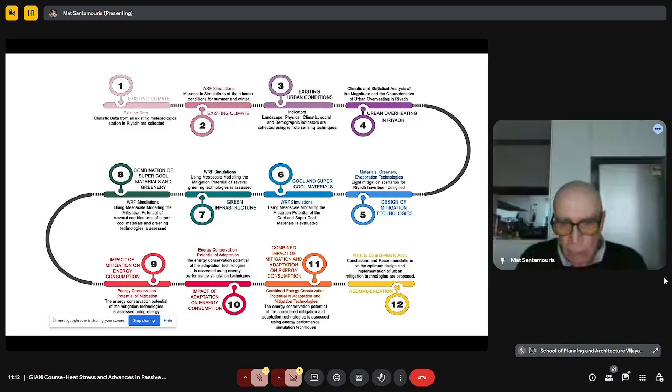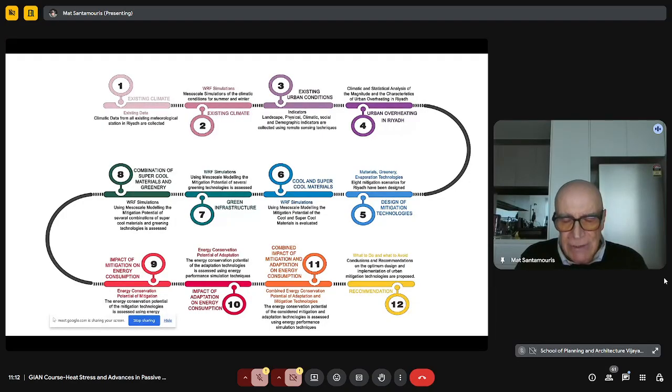Finally, once the full study was almost completed, we had to prepare and propose recommendations on the optimum design and implementation of urban mitigation technologies proposed at the city level.